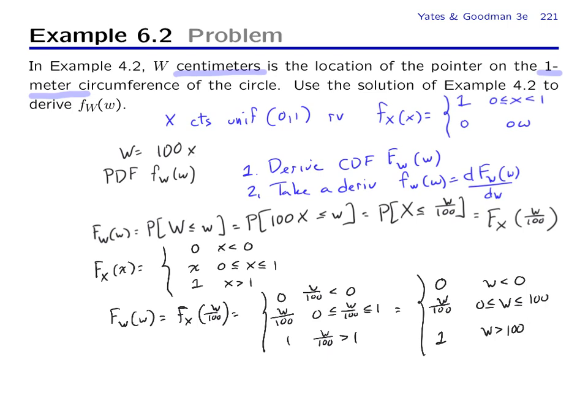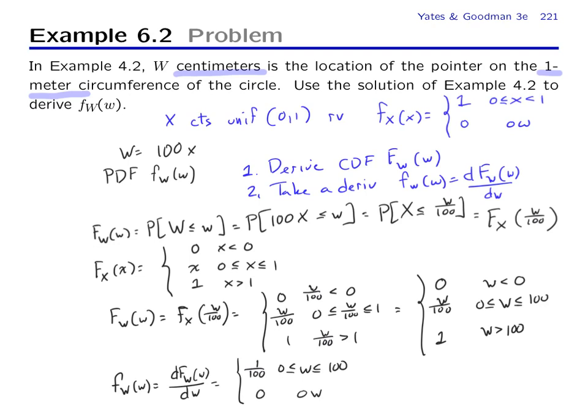Now we're almost done. We finish the problem by taking a derivative. And we do that case by case. The only case that actually matters is the middle case of w from 0 to 100. And we obtain the derivative of w over 100 with respect to w is 1 over 100, and 0 for the other two cases when the CDF is either 0 or 1.